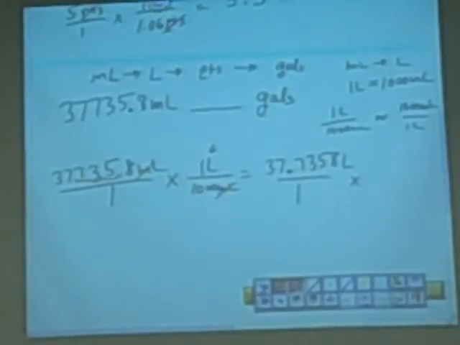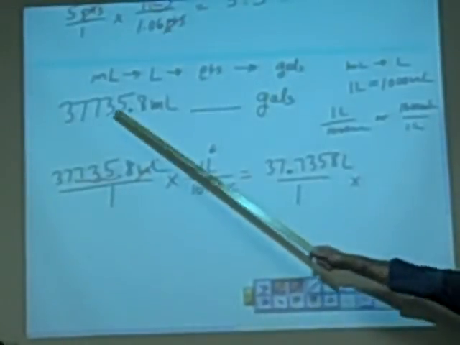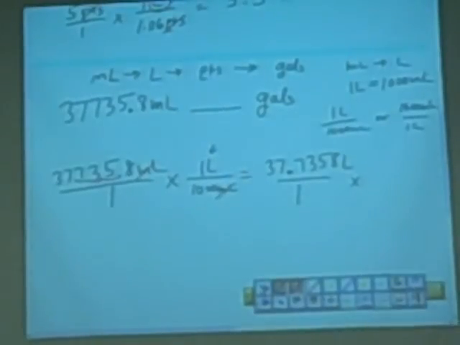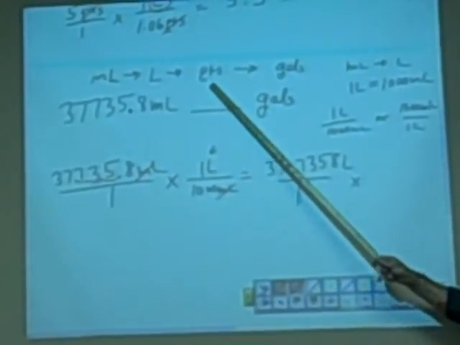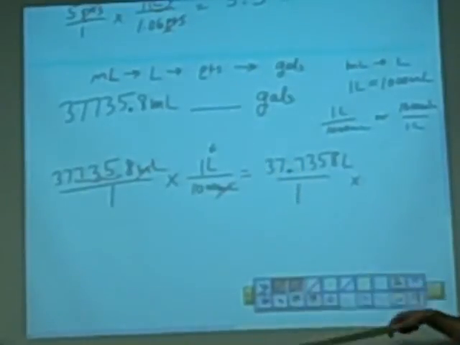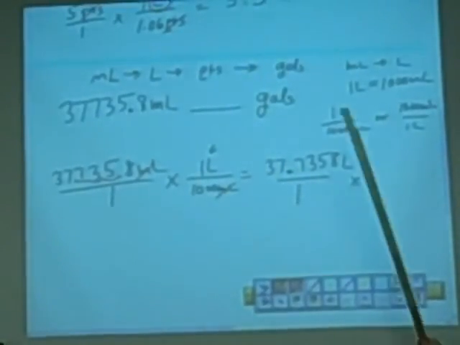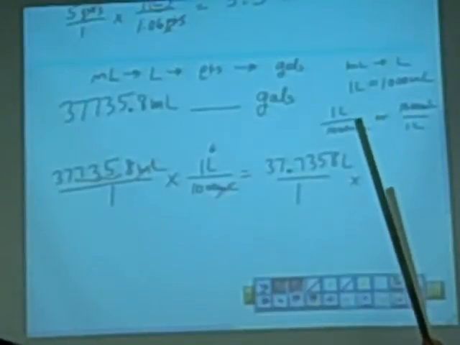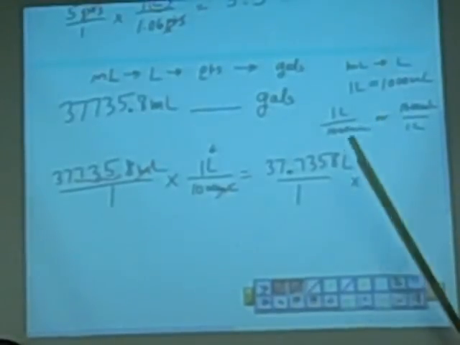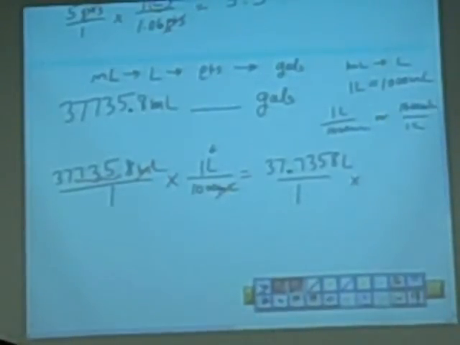Okay, so we've gone from milliliters to liters. Now what's next? Liters to quarts, right? And what conversion do we use there? That's 1.06. It's on the previous problem, right? A conversion, here it is.